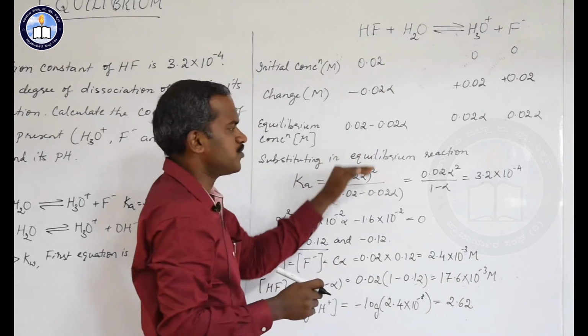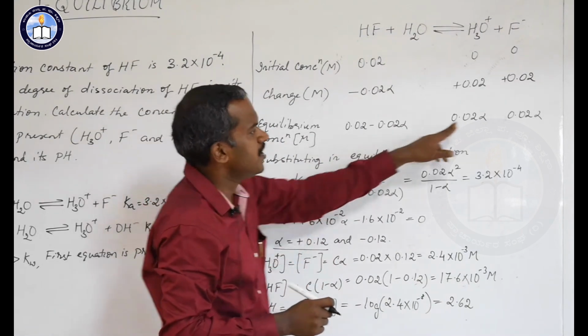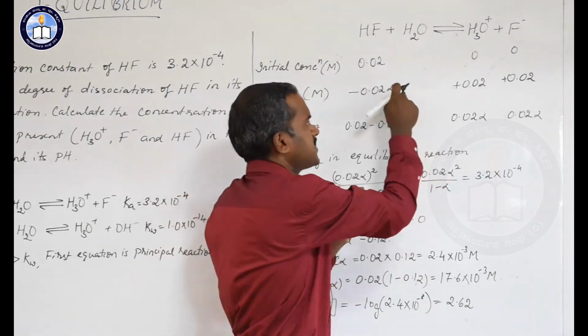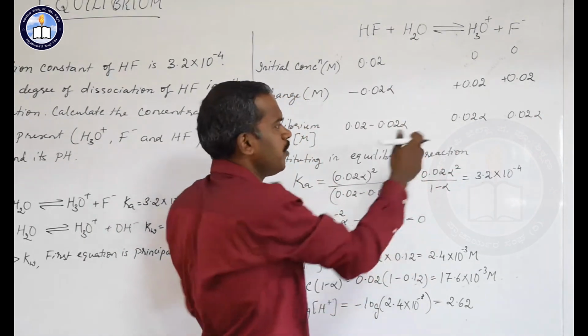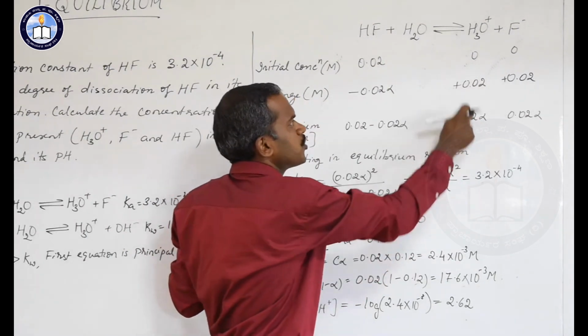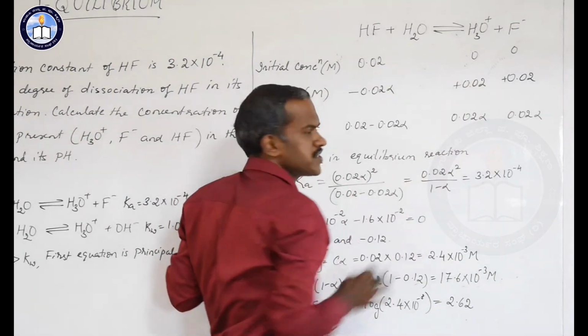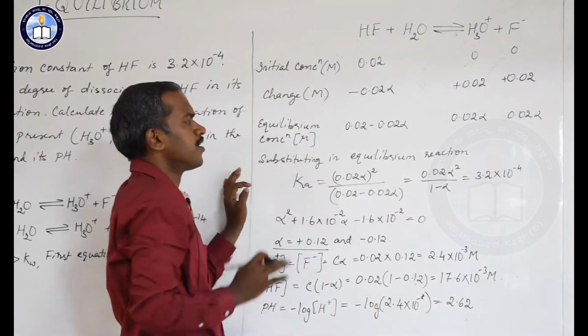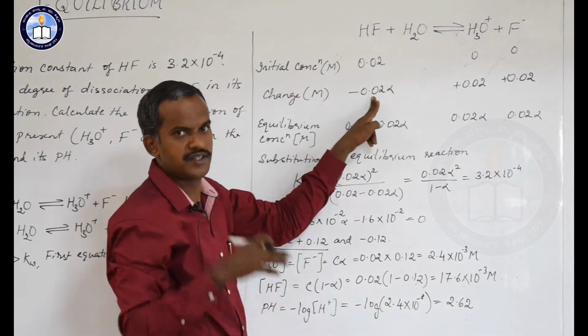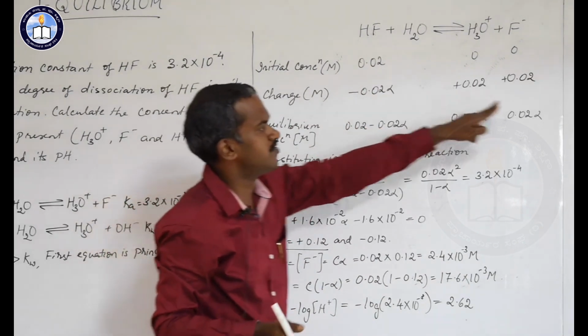When you subtract and simplify, you will get it. Here the same value, we put the alpha symbol. That means the extent of reaction or degree of dissociation; if you know it, you can substitute, but we don't know it here, which you have to solve. So 0.02, the same value, into alpha we write. That is the equilibrium concentration. Only on the reactant side we write initial minus the substance which is reacting. Here the same value we write.